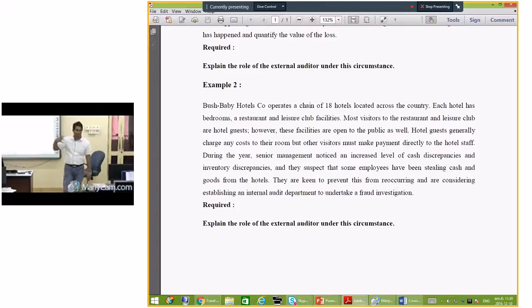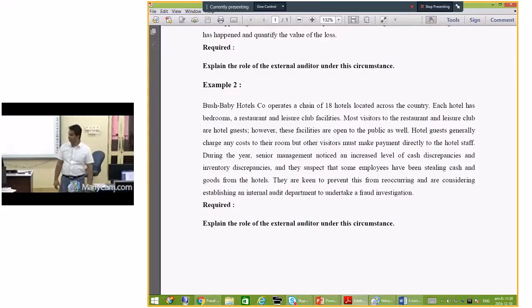Finally, make sure whether there is any fraud or not. If there is a fraud, then get the support of the management, quantify the impact and make the adjustments to the financial statements. You ask the management to make the adjustments to the financial statements. Otherwise it leads to a modification of the audit report if it is material.